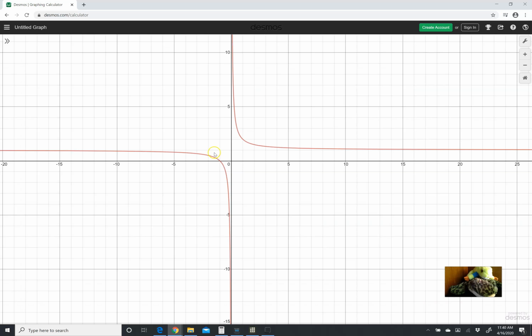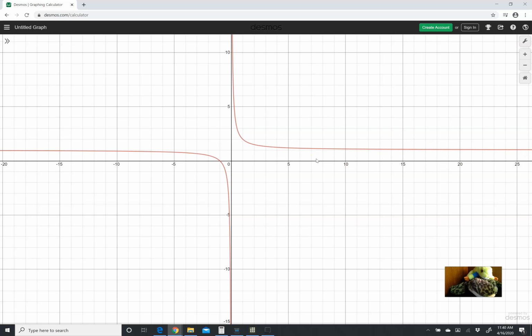So over here, you can see as x gets really, really small, or as it goes to negative infinity, we're not approaching 0 anymore, we're approaching 1. And here the same thing is true. We're not approaching 0 anymore, we're approaching 1. So we have this horizontal asymptote.